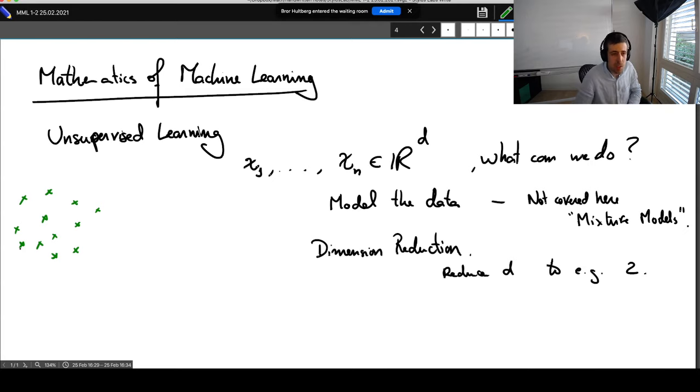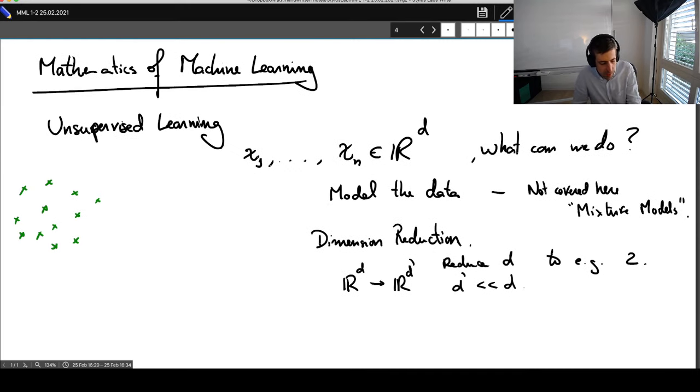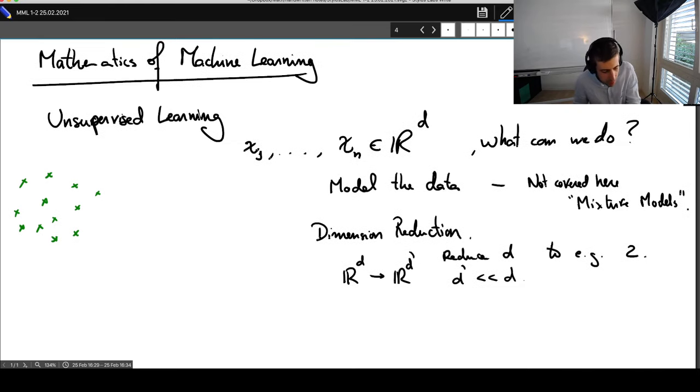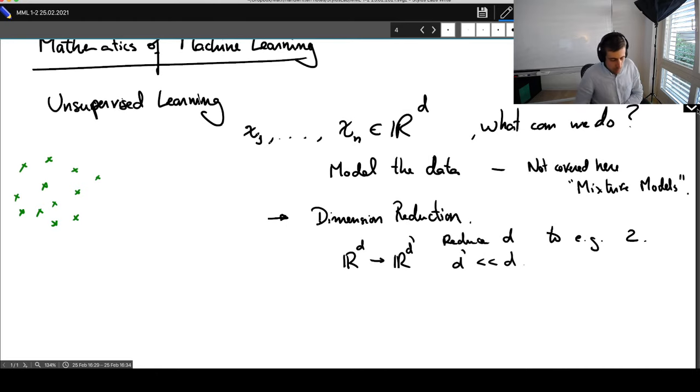Or maybe by sending these points from R^D to some R^D', where D' is much, much smaller than D, I start seeing structure, and it becomes much easier to then use other algorithms or even directly learn something. So this we will cover. This will be one of the first topics.